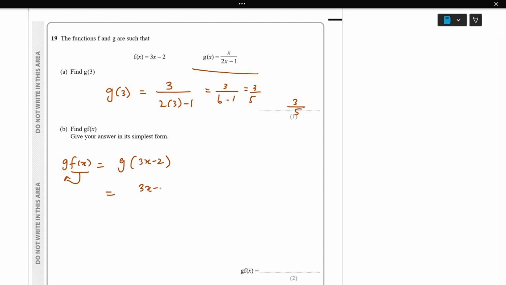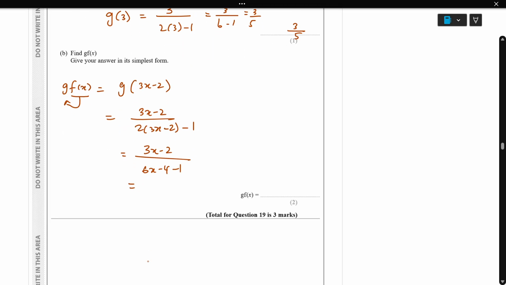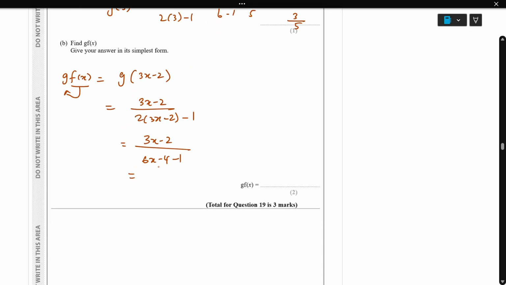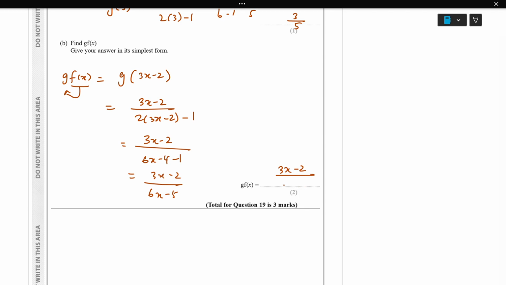So 3x minus 2 over 2 times 3x minus 2 minus 1, so expand this, 6x minus 4 minus 1, which is 3x minus 2 over 6x minus 5. That's the final answer, 3x minus 2 over 6x minus 5.